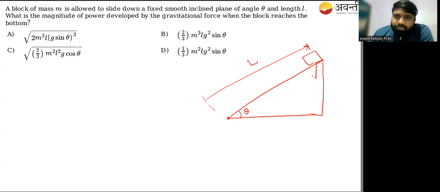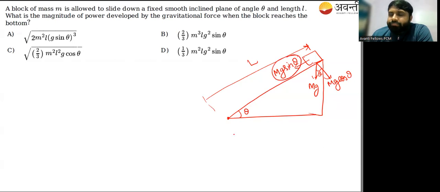Now if we talk about the free body diagram of it, this will be mg weight. So if this angle is theta, it will become mg cos theta, and this is mg sin theta. Now only this component of force will play a role in power, because we know that power is nothing but F vector dot V vector, where V is the velocity.